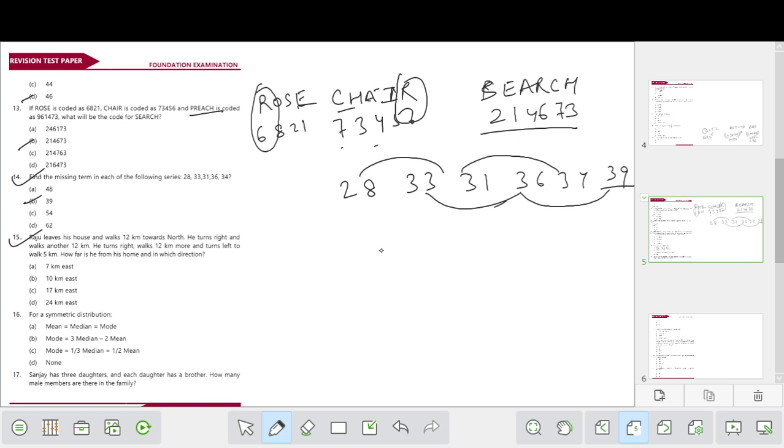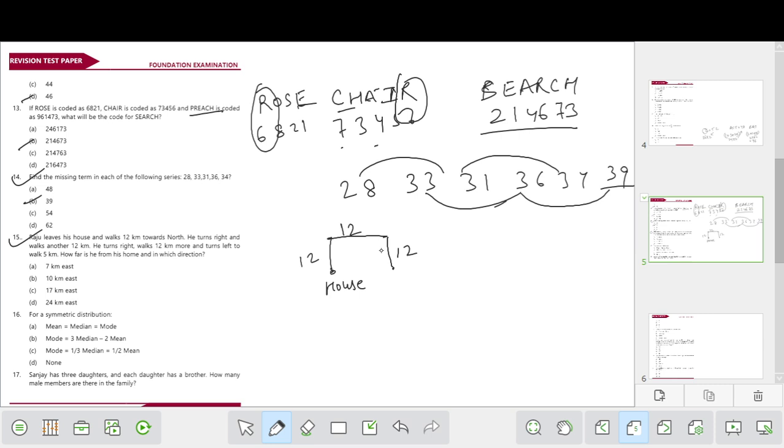Now these are the direction questions. Raju leaves his house and walks 12 kilometers to the north. This is north 12 kilometers. From there he takes a turn and walks another 12 kilometers. He turns right and walks 12 kilometers. So again, he is almost in the same line with his house.